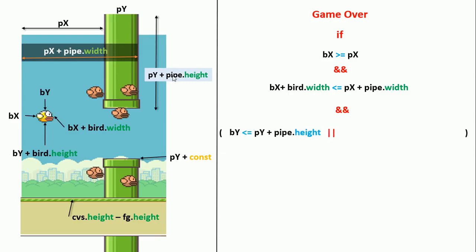Or, for example, in this case, if the bird Y plus bird height is greater than the pipe Y plus the constant.